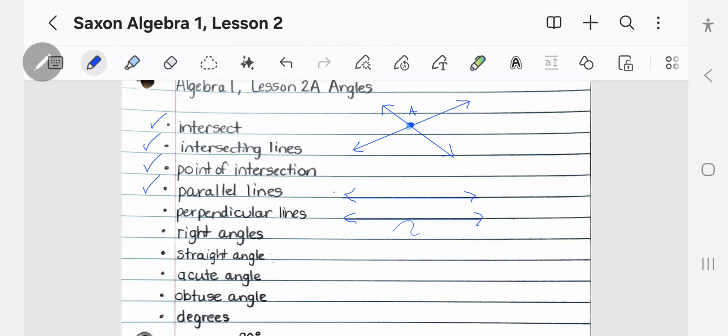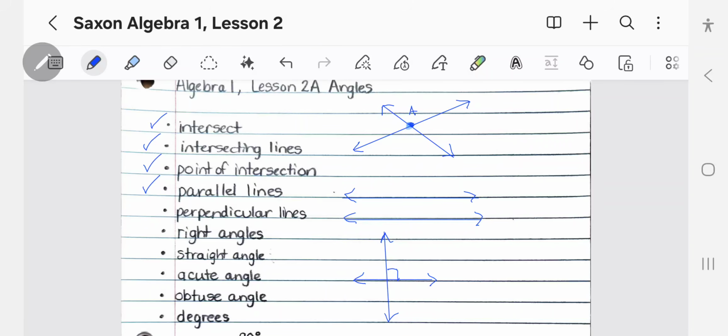Perpendicular lines are when you have a line, which that one's not the greatest. Let's try this. That's a little closer. Okay, if you have intersecting lines and they intersect at a 90-degree angle, they make the corner of a square.